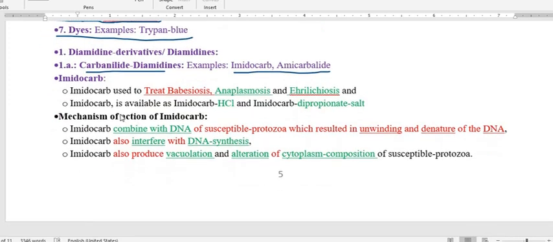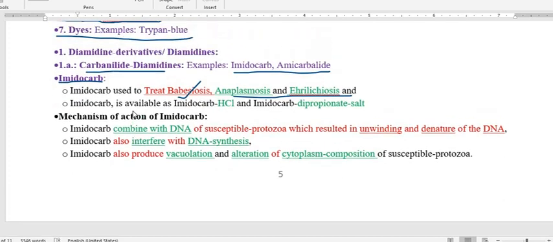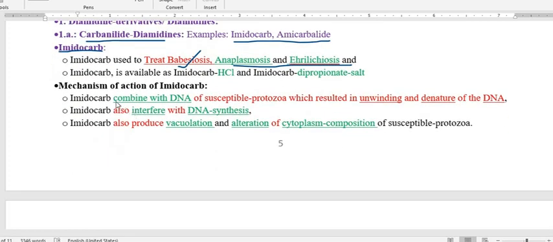Under this, the first group is carbanilide diamidines, and the examples are imidocarb and amicarbalide. Imidocarb we have to discuss first from the carbanilide group. Imidocarb is used to treat Babesia, Anaplasma, and Ehrlichia. So for the treatment of Babesiosis, Anaplasmosis, and Ehrlichiosis, we use imidocarb.